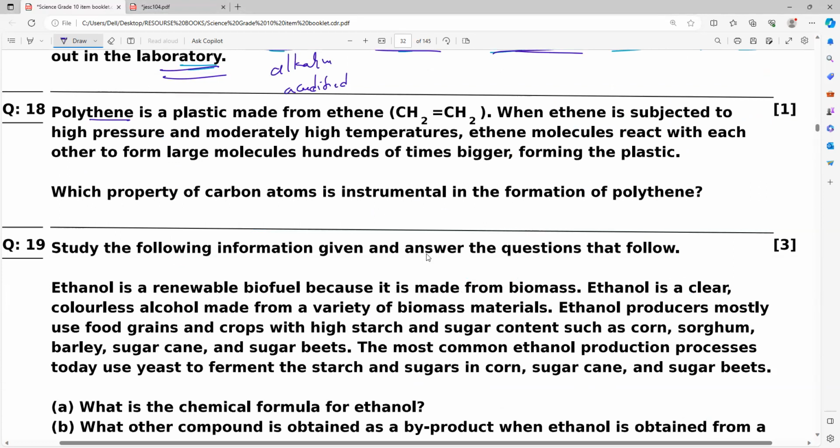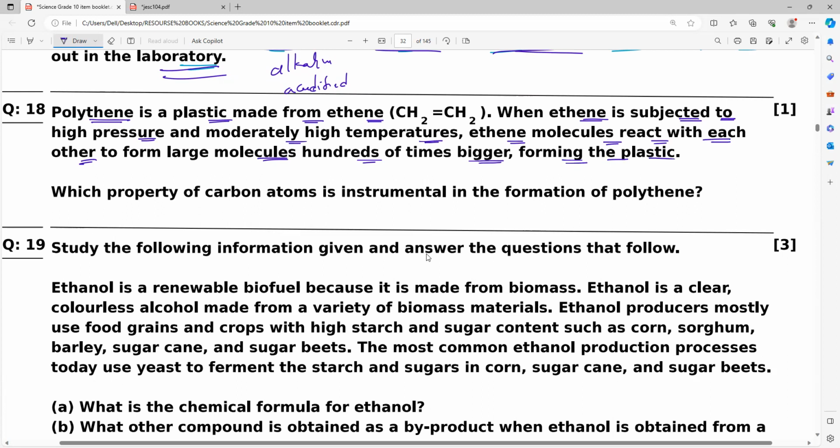Polythene. This is a very important question. Polythene is a plastic made from ethene, CH2=CH2. When ethene is subjected to high pressure and moderately high temperatures, ethene molecules react with each other to form large molecules, hundreds of times bigger, forming the plastic.